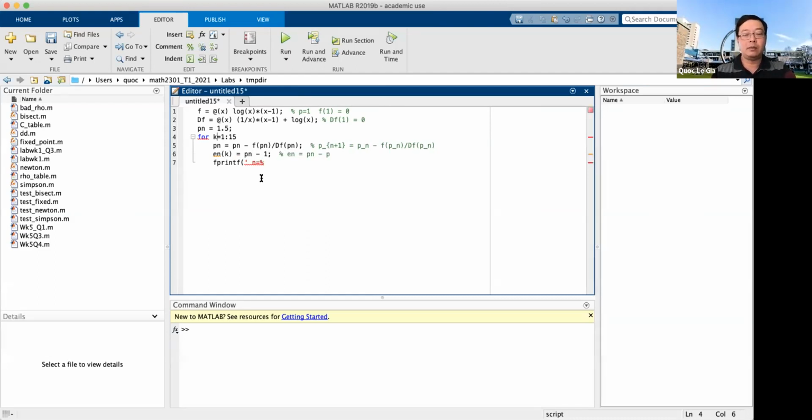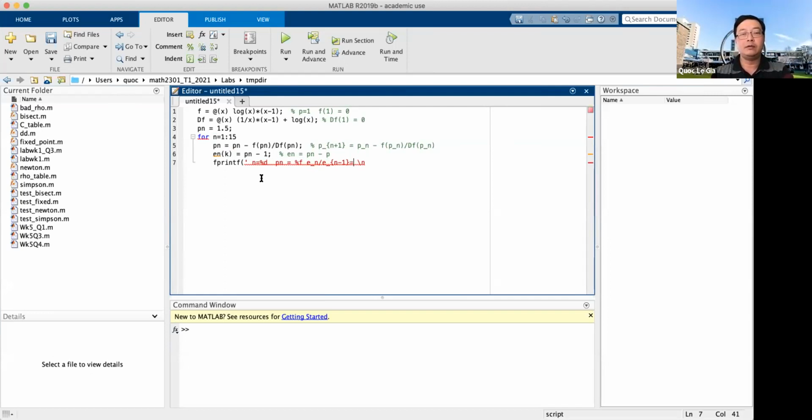So I put n, and then I print out Pn as my solution, yeah. And then I put the ratio, En over En minus 1. You can take En over En minus 1 instead of En plus 1 over En, it's just the same, yeah.